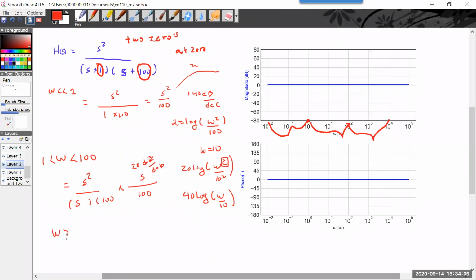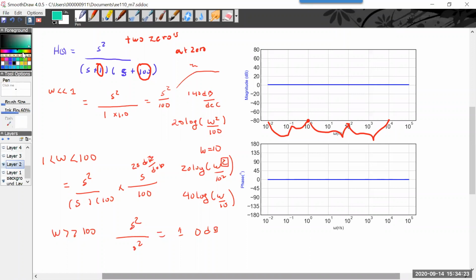And then when omega is much, much bigger than 100, S is bigger than 100, S squared over S squared is 1, and we're just going to get 0 dB.